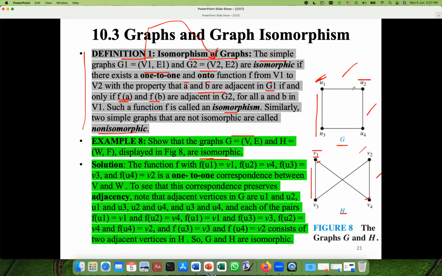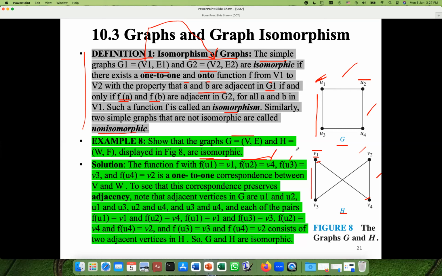We have to find the similarity. Isomorphism generally means similarity. So for f of U2, I am giving V4, because V4 is connected with V1, just as U1 and U2 are connected here. So it looks similar to that one. So for f of U2, I am assigning V4 from that graph.